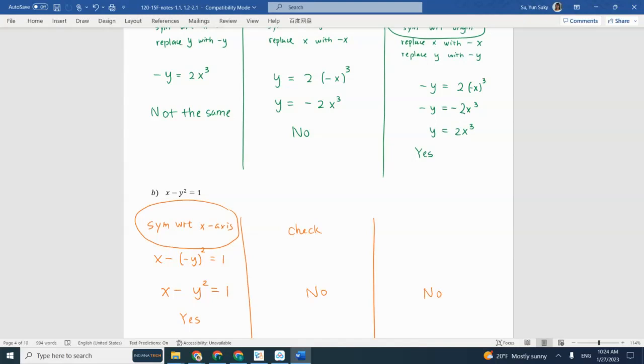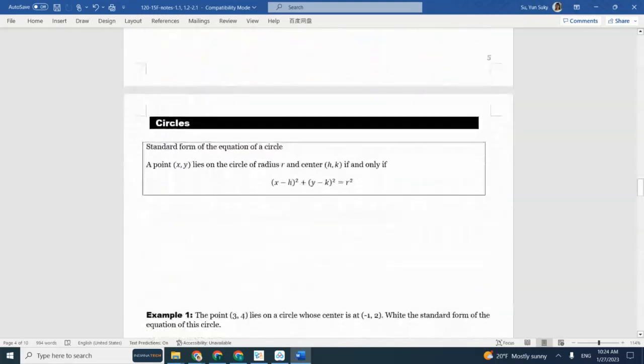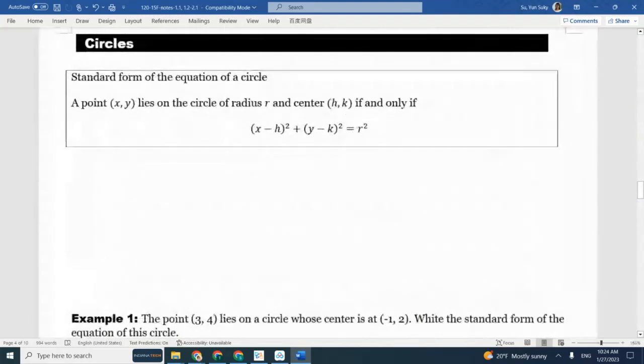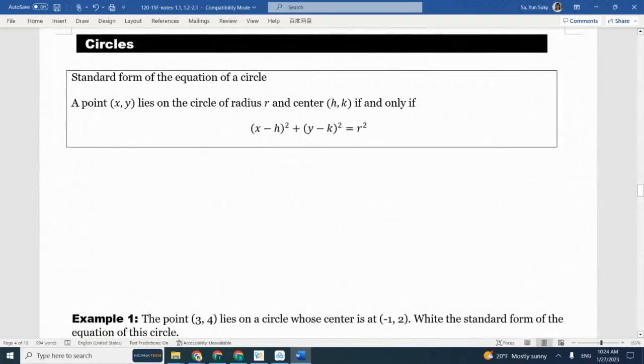Okay. All right. So let's see circles. As on Wednesday, we talked about the geometry and the equation of the circle. I also derived with you how we get the equation of a circle from the distance between the point on the circle and the center. The distance is the radius, right? Do you remember that? So this is the circle equation.